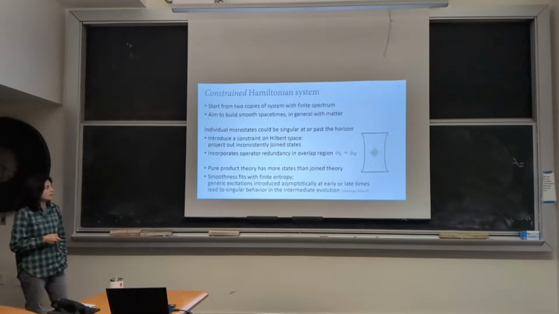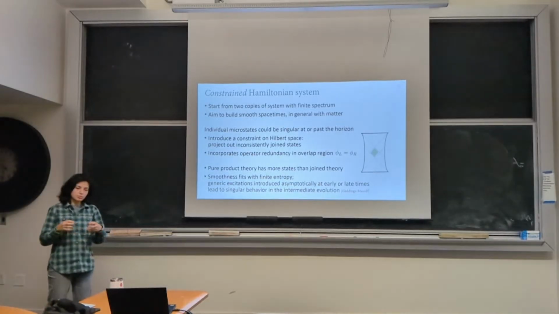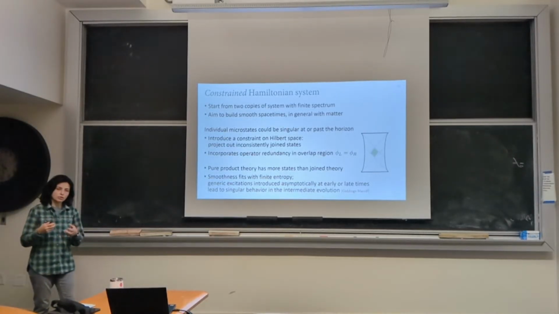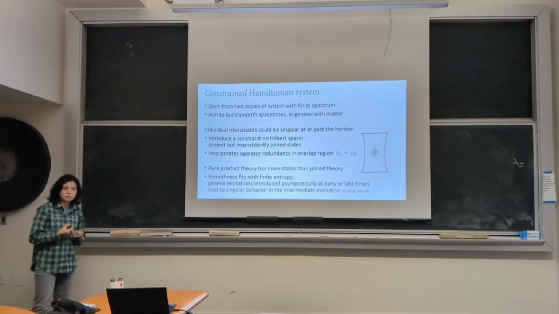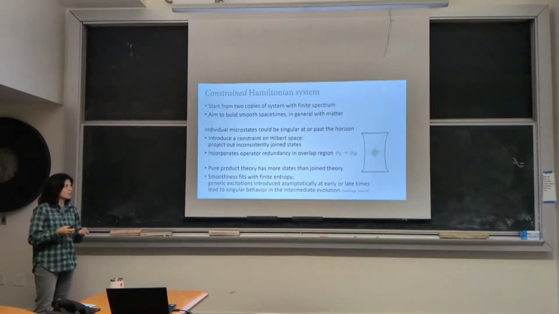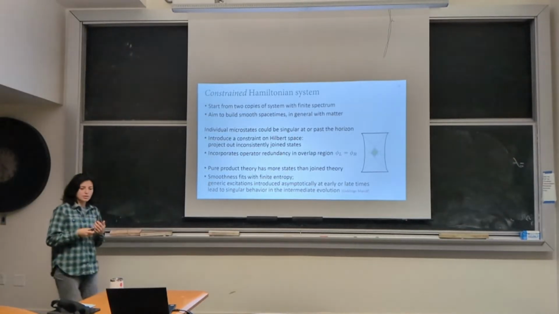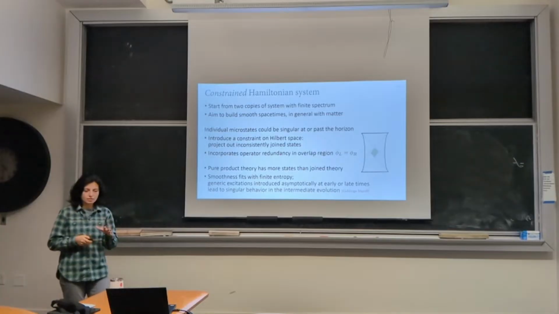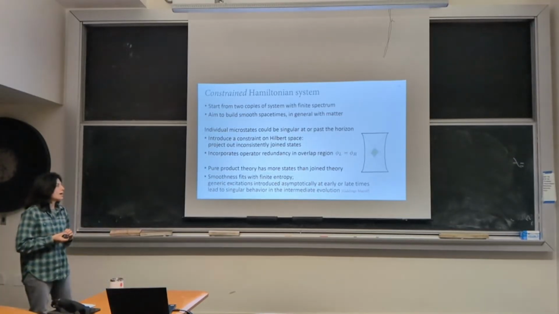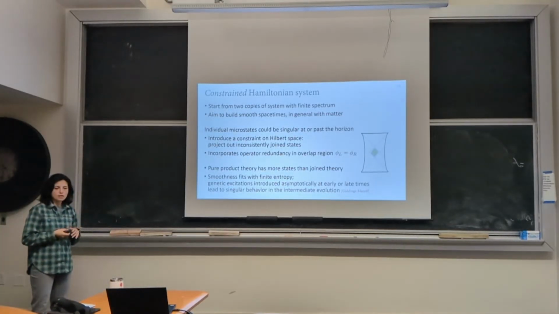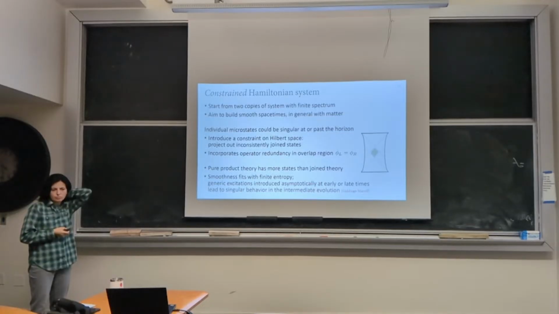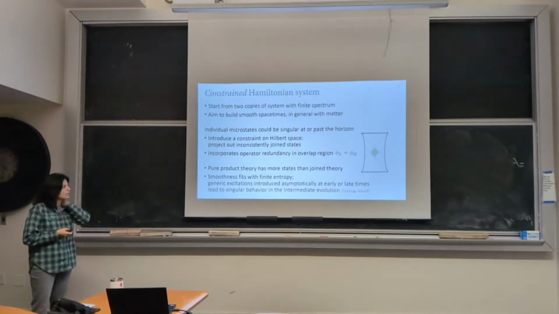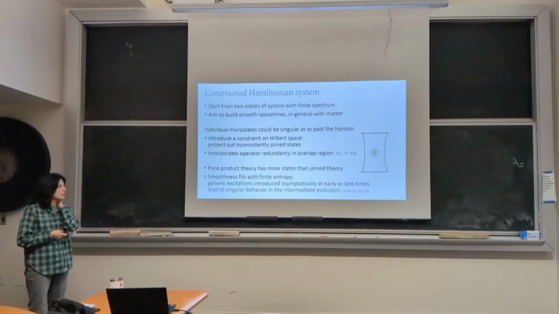And that means that if you start with the pure product theory, constraining to the smooth geometries has a lower number of states. But I think that's fine, that could still be consistent with having a finite amount of entropy.